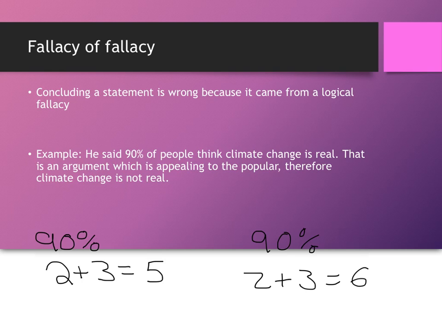Okay? So, like I said, some logical fallacies give you the right conclusion. Other logical fallacies give you the wrong conclusion. All right? So it's not always wrong because it came from bad reasoning. It's not always right because it came from bad reasoning either. All right?